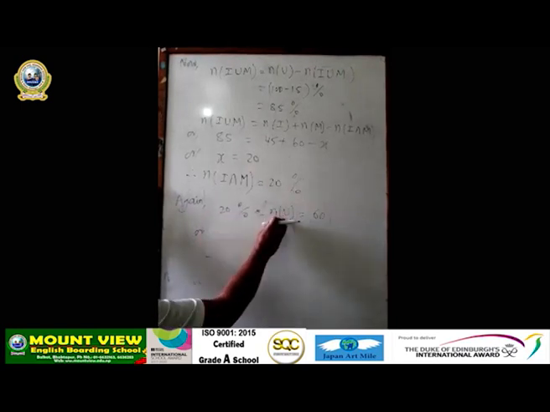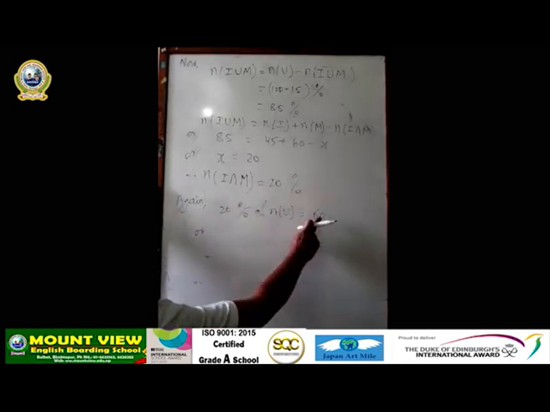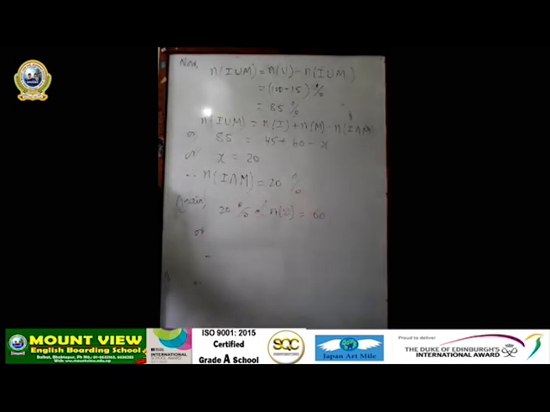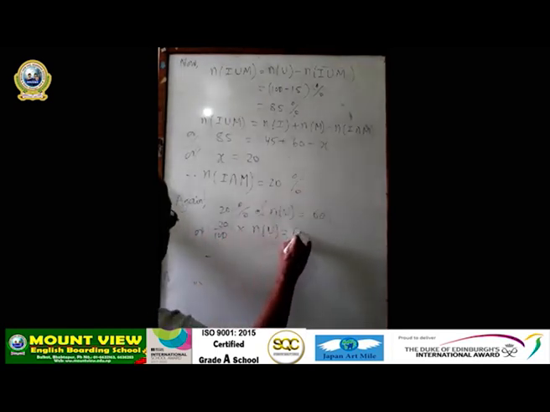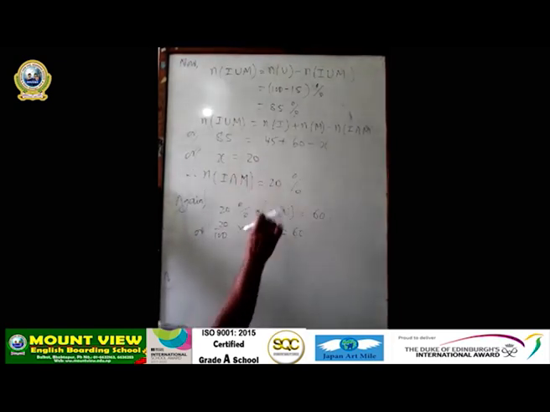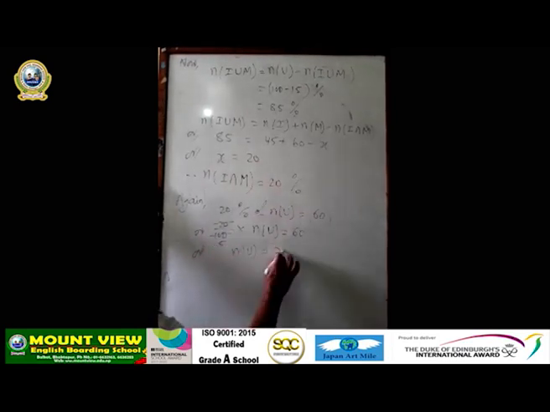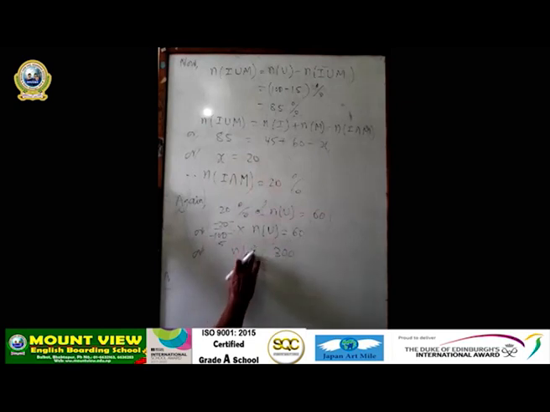In this way, you can represent the whole information only in percentage or only in number. Don't mix. You should not mix percentage and number here. Either keep completely in percentage or completely in number. Don't mix, okay?